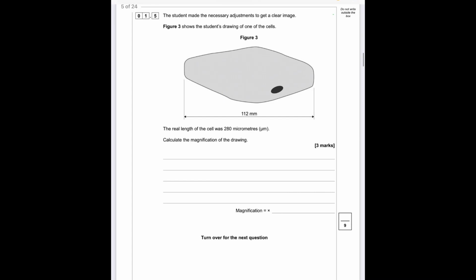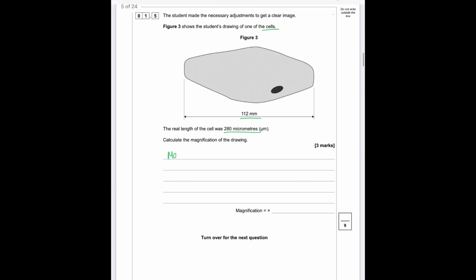Now for this next question, the student made the necessary adjustments to get a clear image. And figure 3 shows the student's drawing of one of the cells. So the real length of the cell was 280 micrometers, and in the diagram we can see we have 112 millimeters. So we need to calculate the magnification.